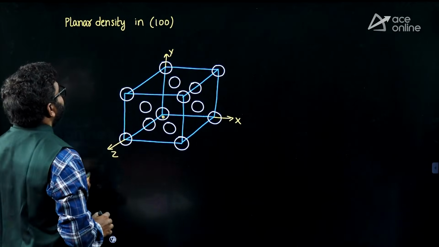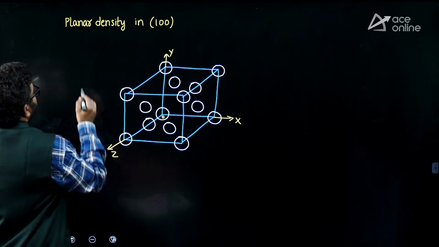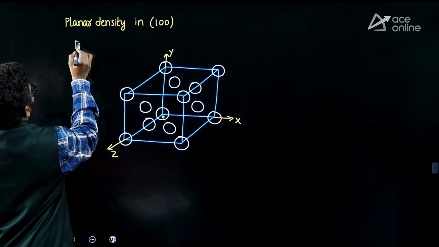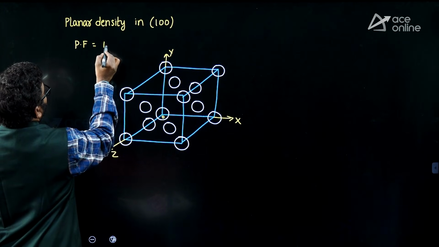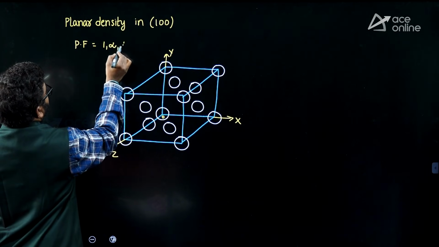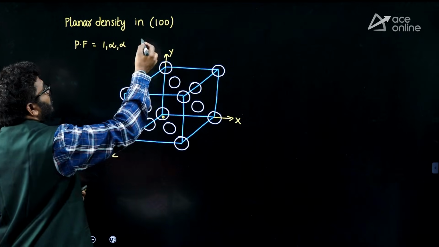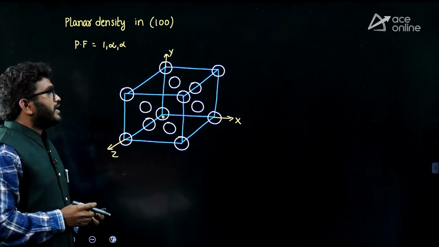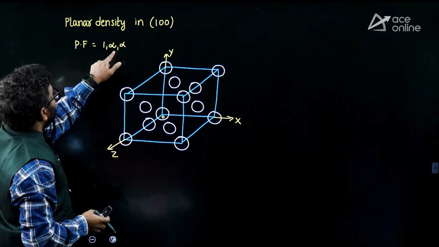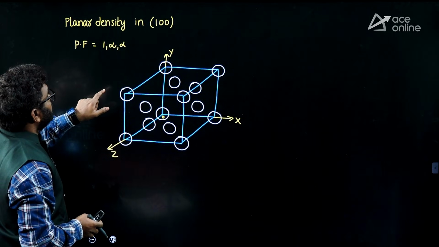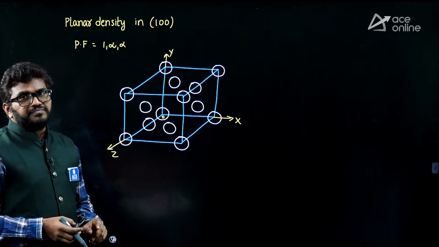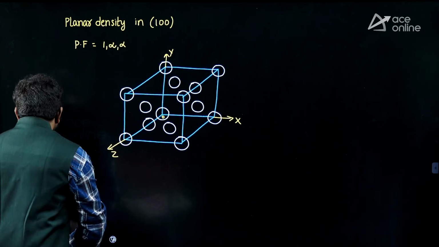Now Miller indices 100, if I consider the plane fractions of this Miller indices, I'll get by doing reciprocals 1, infinite, infinite, because 1 by 1, 1 by 0, 1 by 0, I'll get infinite, infinite. So what do you mean by infinite, infinite? The given plane is parallel to y-axis and z-axis and x equal to 1.